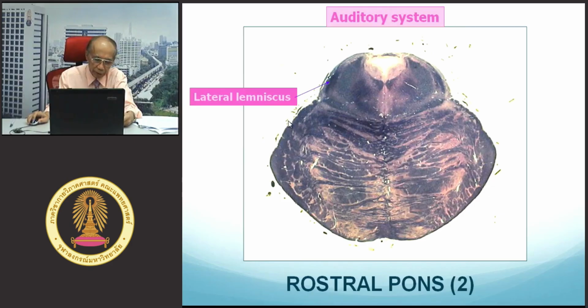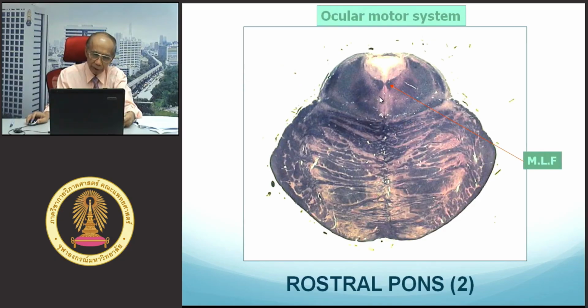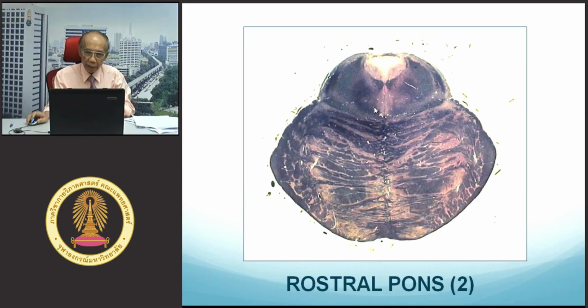The auditory system includes the lateral lemniscus, which is auditory in function. The oculomotor system includes the MLF or medial longitudinal fasciculus. The end of pons.